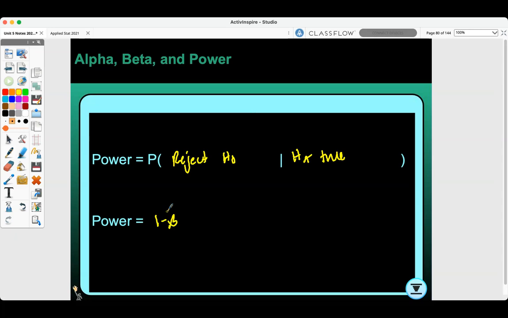Power is the probability of not making a type 2 error. So you can also think of power as the probability of a true positive. The probability of correctly rejecting the null hypothesis.